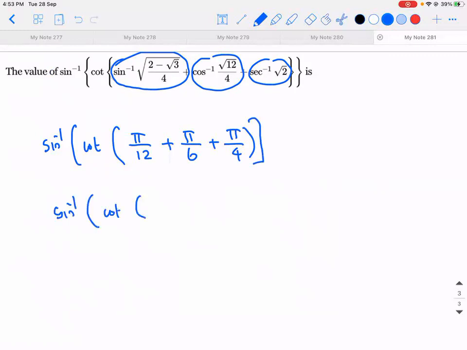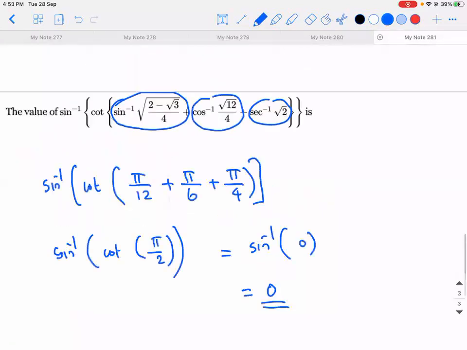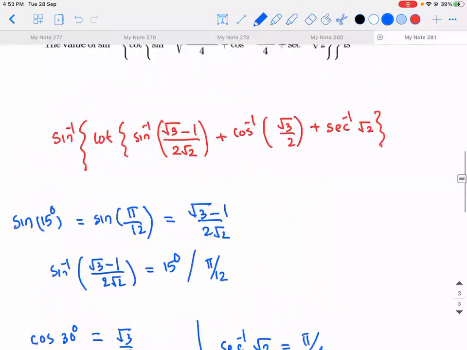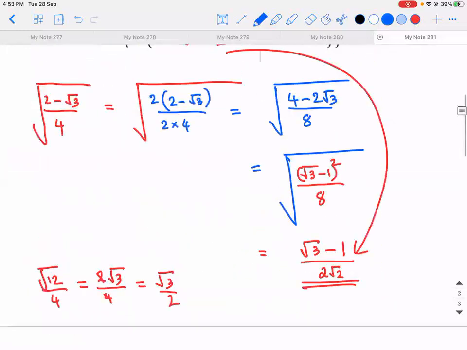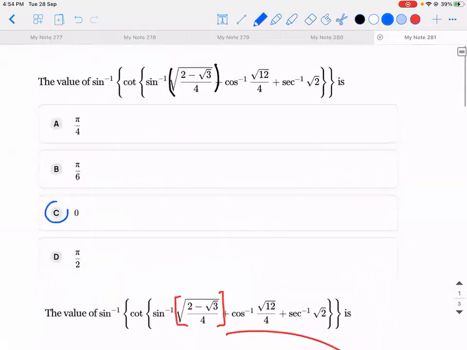If I'm adding these three, it eventually turns to pi by 2. So what is cot pi by 2, or cot 90? That is 0. So what is sine inverse of 0? The answer is 0. So option C is the answer for this question.